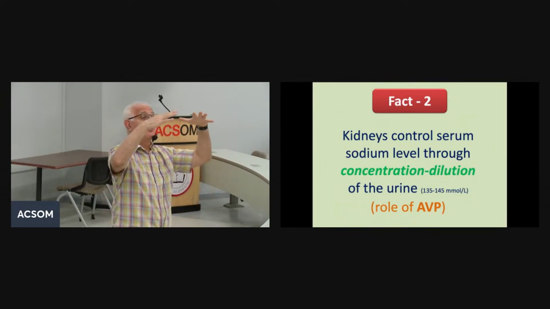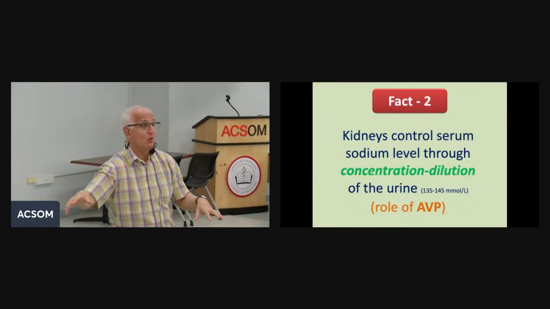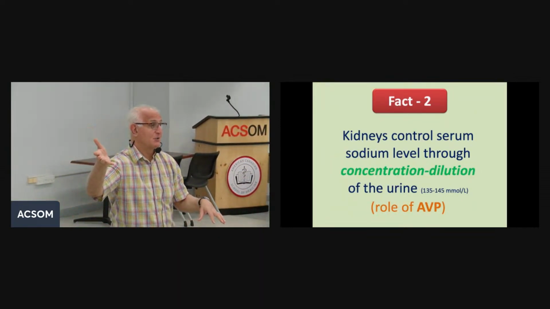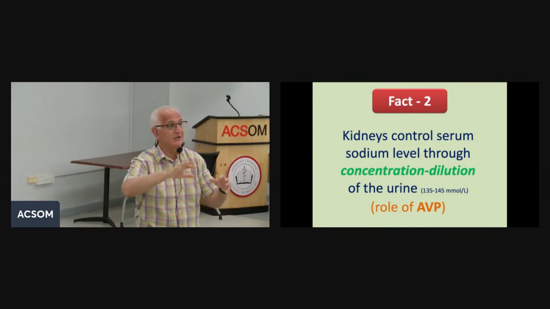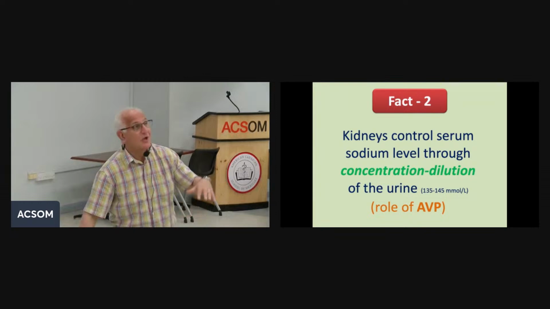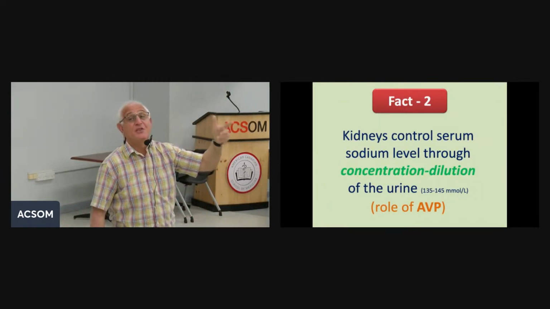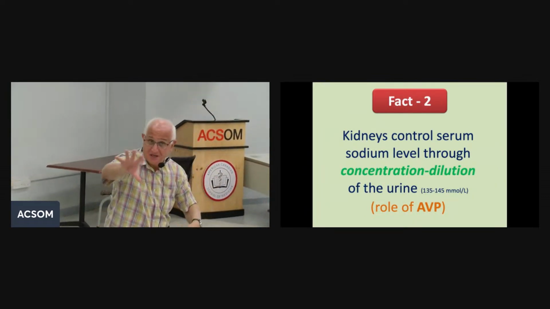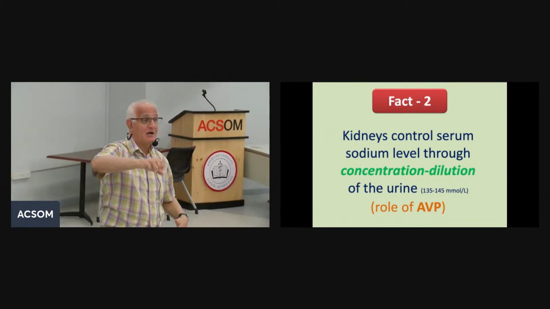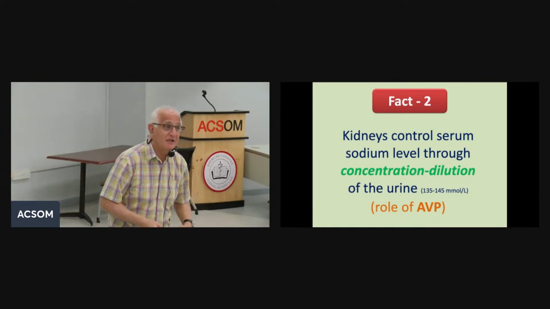And that's how kidneys are controlling our serum sodium. If our serum sodium is low, they do not respond to AVP, or the AVP is not secreted. So there is not a lot of water reabsorbed in the collecting duct. All the water is going down. So my serum sodium starts going up, the concentration. The other way, if my serum sodium is going up, my AVP is high, it brings back all the water from the collecting duct.